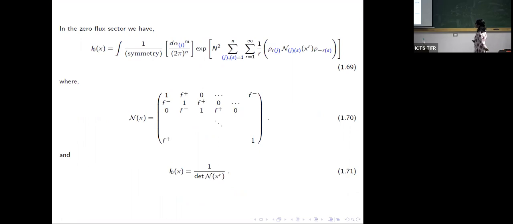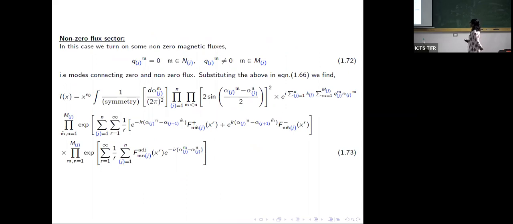So it is the result for the zero flux sector, which is given in the expression of I_0, and we can perform the Gaussian integration. Therefore, I_0 is given by the determinant of this matrix N. And similarly, in the non-zero flux sector, we can choose some of the charges to be 0 and some of the charges to be non-zero.